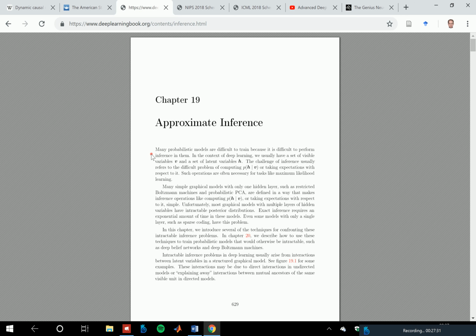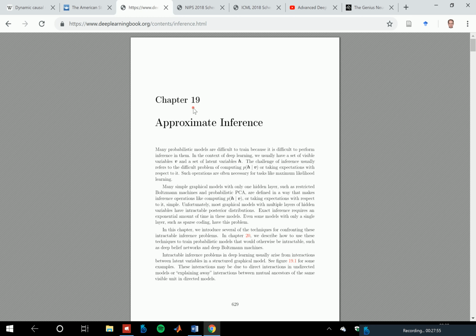That's one aspect that makes neural networks uninteresting from a scientific viewpoint. The other aspect is that they don't quantify uncertainty, because they are not probabilistic models. However, if you are interested in quantifying uncertainty, which is the next step once you have come to the realization that scientific theories are quantitative models or functions, then you want to quantify uncertainty.